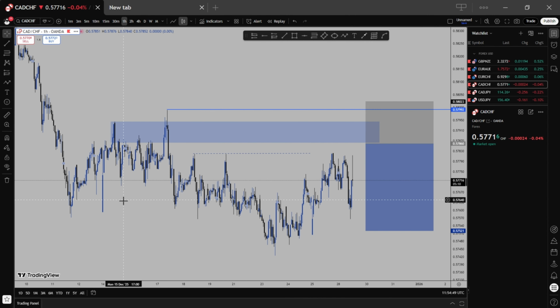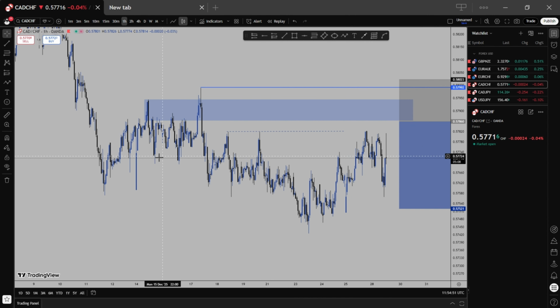This is where our transactional liquidity is, because it was immediately swept and then broke structure, clearing the transactional liquidity, which was here. What does that imply for us? It implies that we now put our fib and measure to the transactional liquidity.